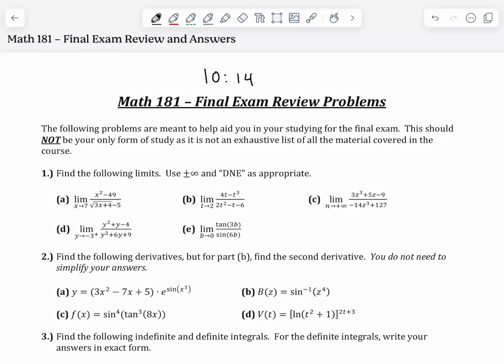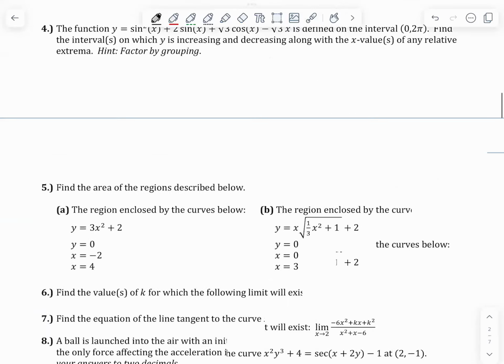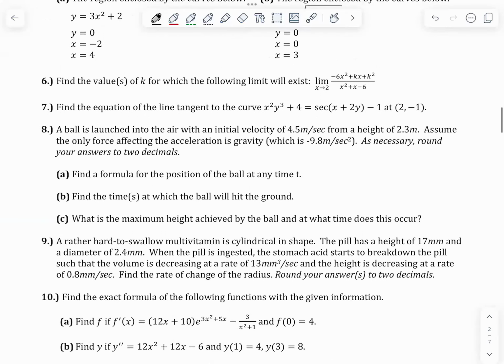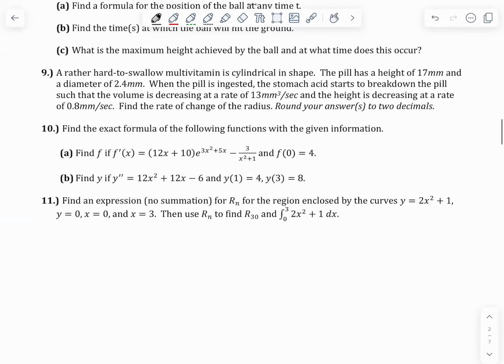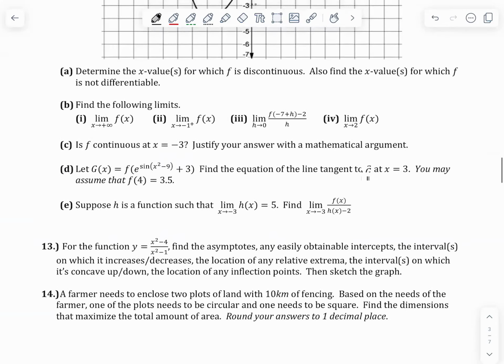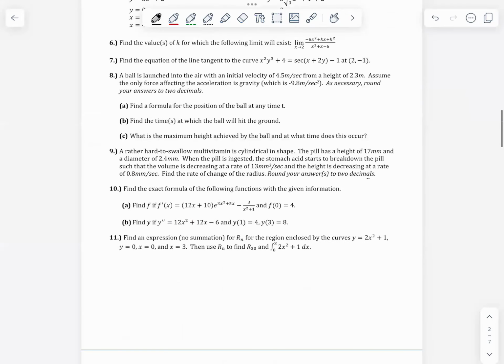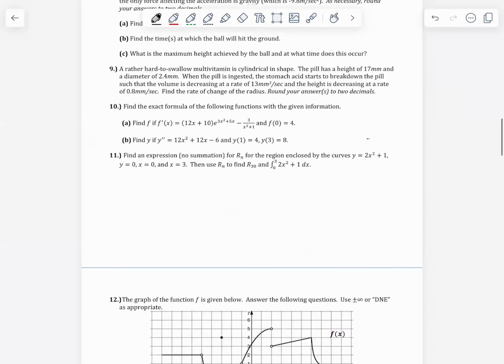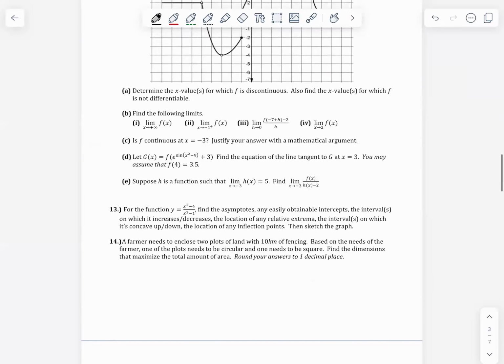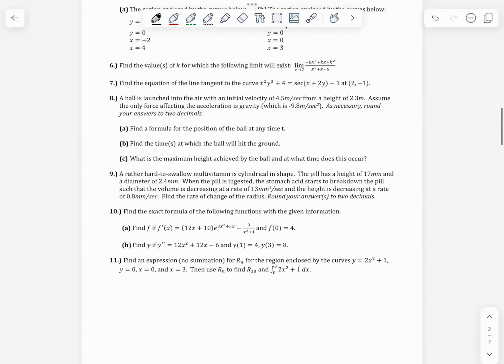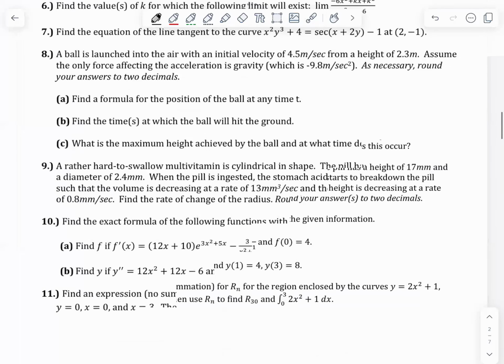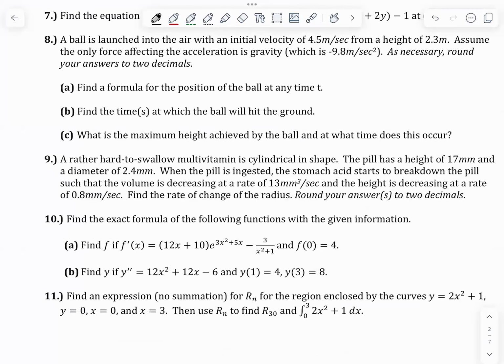Related rates? Sure. So that's actually a good thing to talk about here real quick. Did I not put an optimization problem on here? Okay. So look at the difference between question 9 and question 14. Question 9 says, a rather hard to swallow multivitamin is cylindrical in shape.